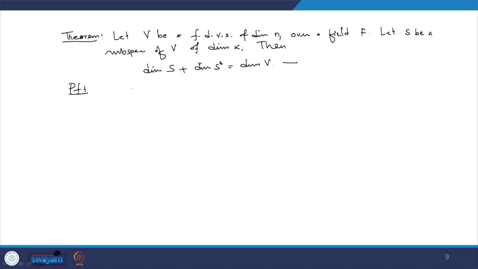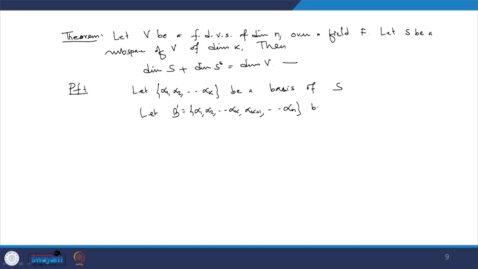So, let me consider like this. Let alpha 1, alpha 2, up to alpha k be a basis of S. Then it can be extended by adding n minus k extra linearly independent elements to it to be a basis for V. So, let B prime equal to alpha 1, alpha 2, up to alpha k, alpha k plus 1 to alpha n be the basis of V. Okay.